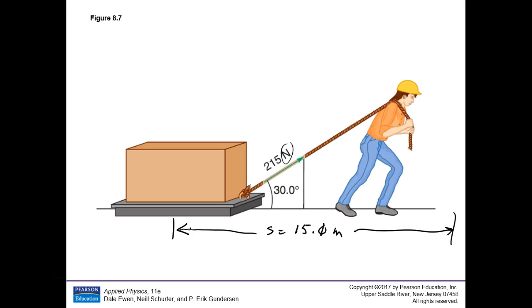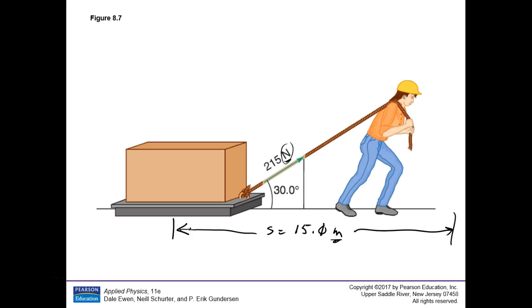U.S. customary? No. SI units. You could call it metric, but SI is a better name. The unit for distance in SI is meter, and the unit for force is Newton. The angles are the same no matter what, so don't sweat the angle.